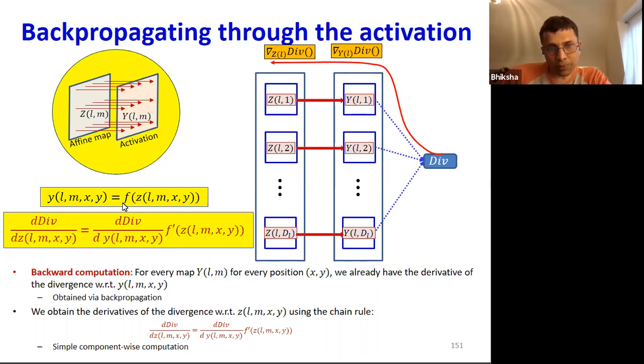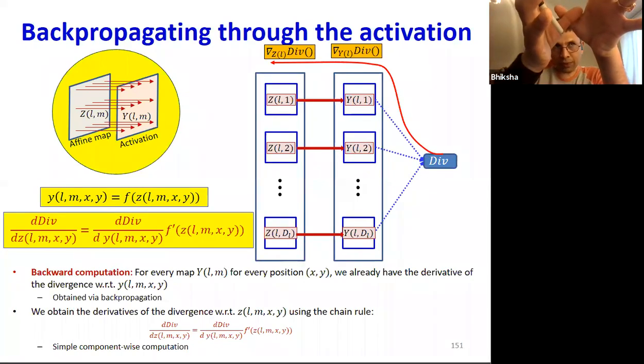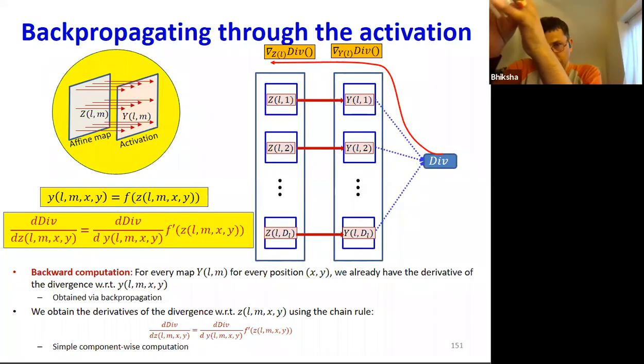All you have to do is multiply the derivative for Y with the derivative of the activation function at the corresponding value of Z, which was computed going forward. And in that process, you can now compute the derivatives for all of these affine maps. Again, I'm distinguishing between the affine map and the activation map. The affine map is what you get after the convolution with the weights, the filters. And the activation map is what you get when you apply the activation function to the affine map.